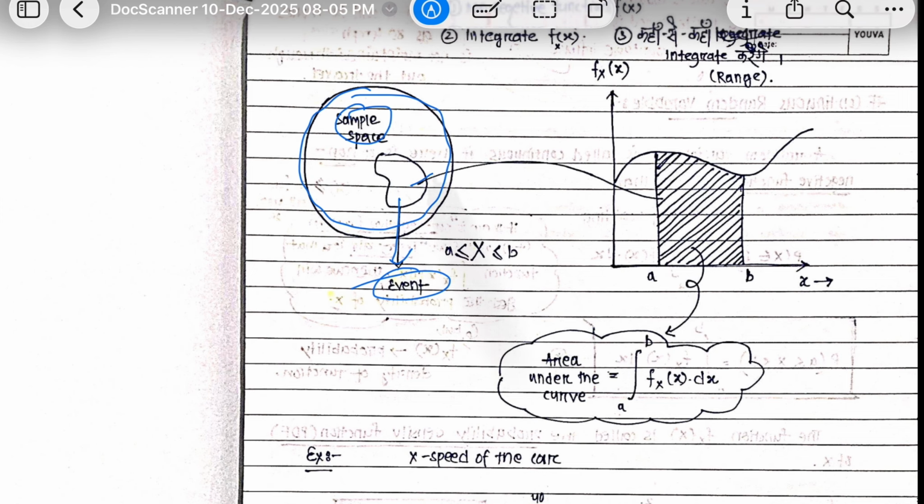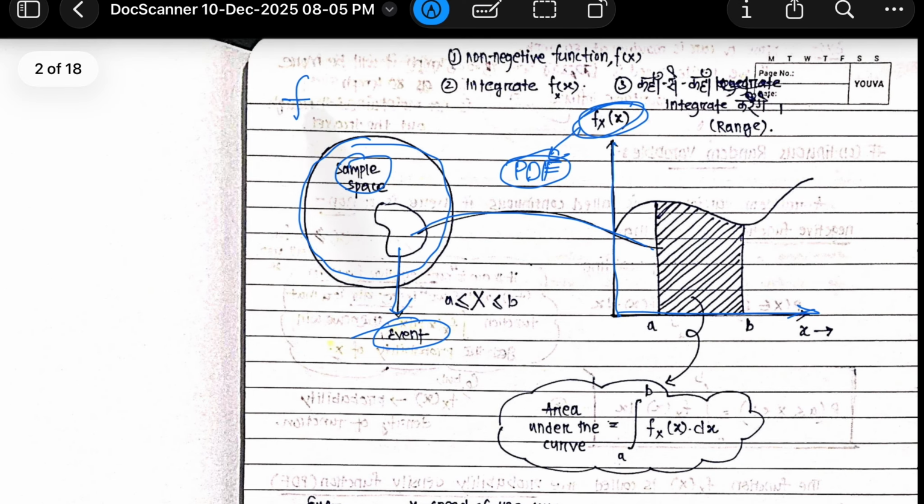And if we take the event in terms of probability, this one is the PDF, and we will present the PDF in the form of F. This will be your capital X, and this will be your small x, and this is your small f. Small f you must remember, because capital F will be the CDF.